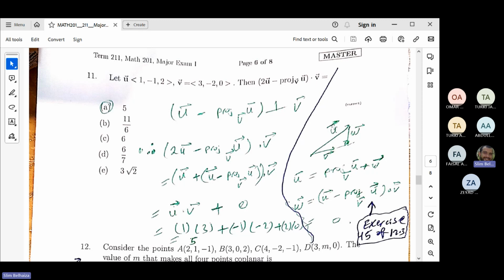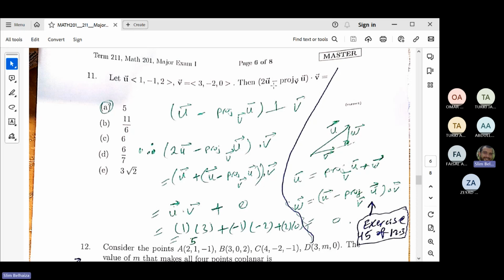So we have u, the projection of u onto v is going to be this long vector you see here. So u minus projection of u onto v is this following vector, this w. See it? That's something we've seen in class. For sure, this vector is orthogonal to v.